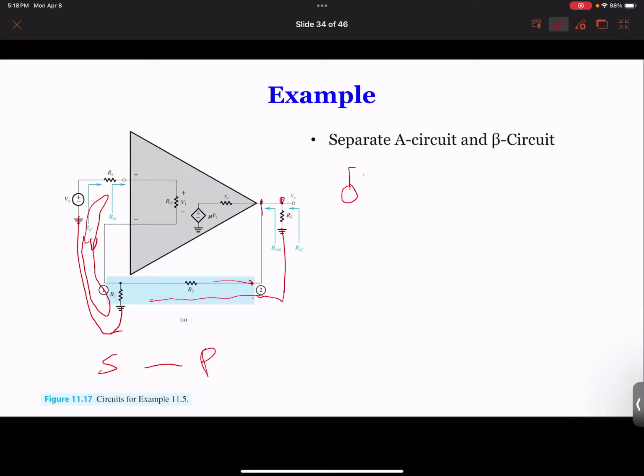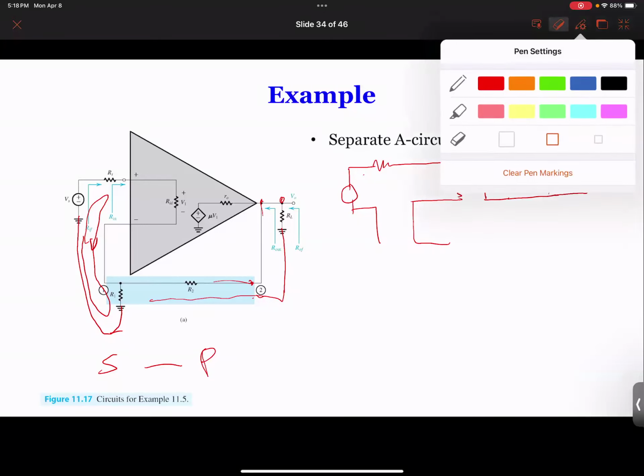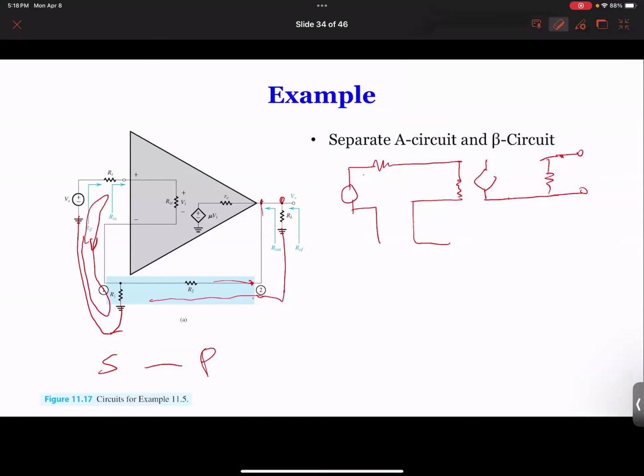So the input voltage is here, and the output right over here.